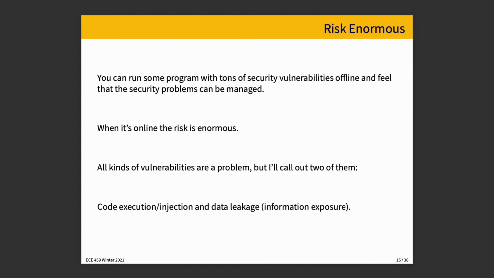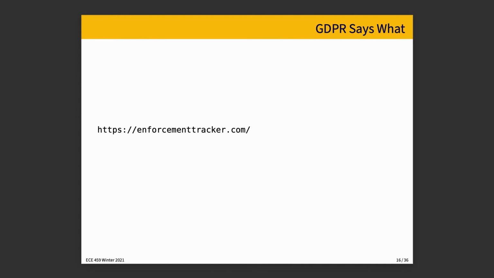Information exposure is not only terrible for your company's reputation, but violates privacy laws and data protection regulation. In fact, a breach of the EU GDPR, General Data Protection Regulation, can get very expensive because it's based on your revenue, not your profit. And we can actually visit enforcementtracker.com to find which companies have recently gotten their wrist slapped or a huge fine.